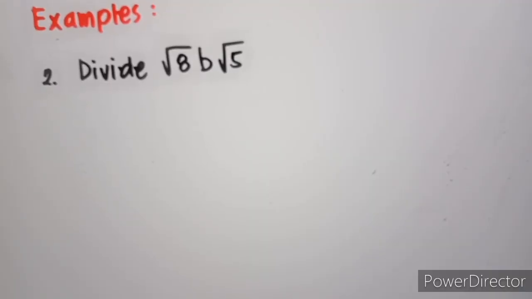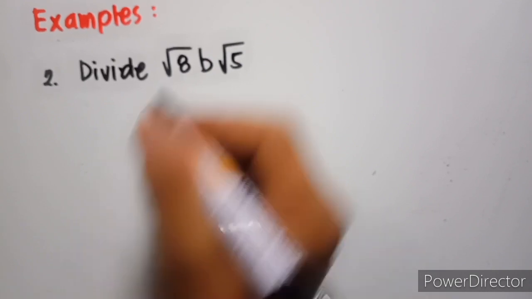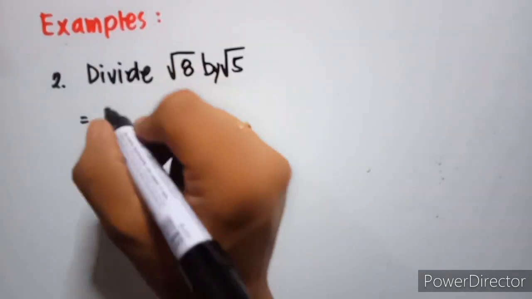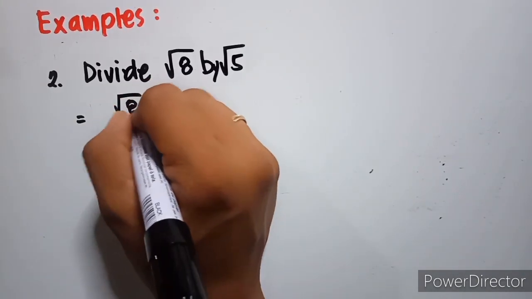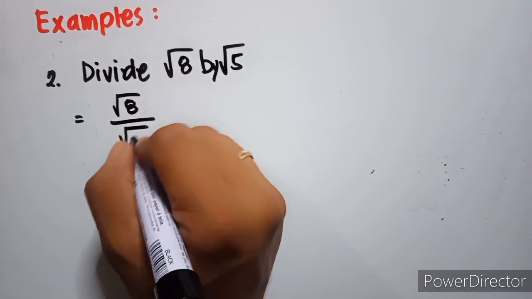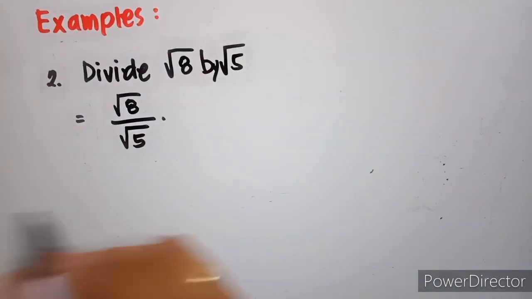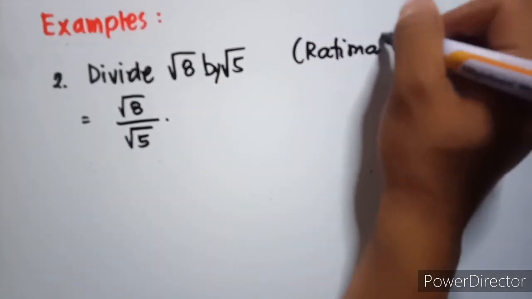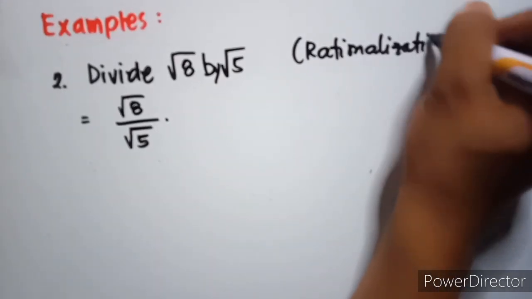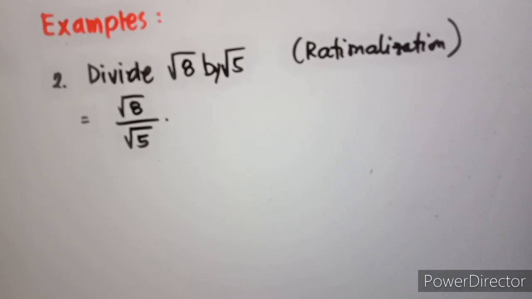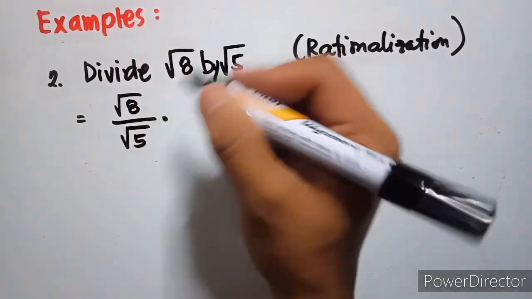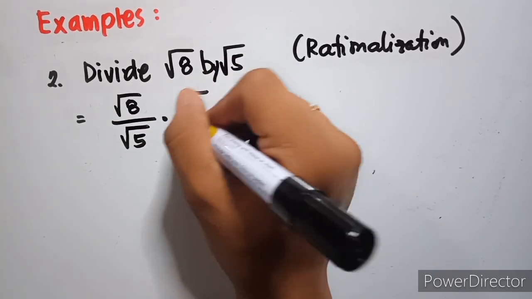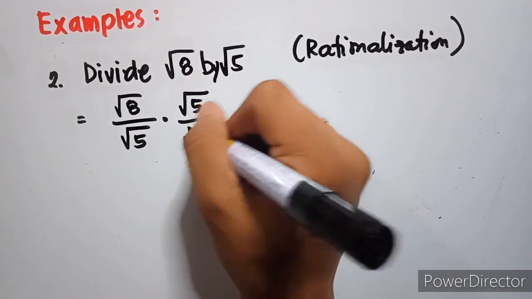Example number 2, divide square root of 8 by square root of 5. So, this is equal to square root of 8 divided by the square root of 5. Then, we are going to use the rationalization process. Kapag square root, kung ano yung denominator, yun ang i-multiply: square root of 5 over square root of 5.